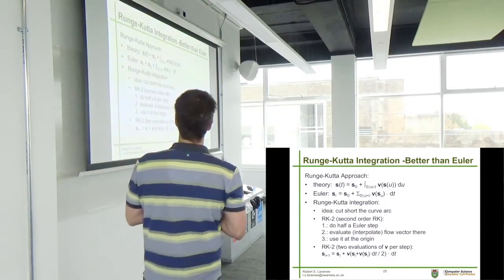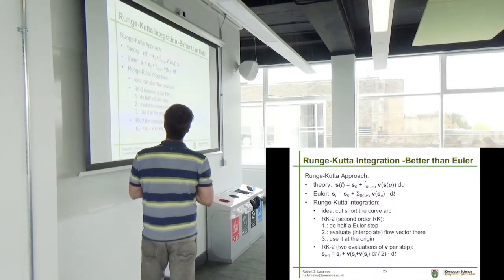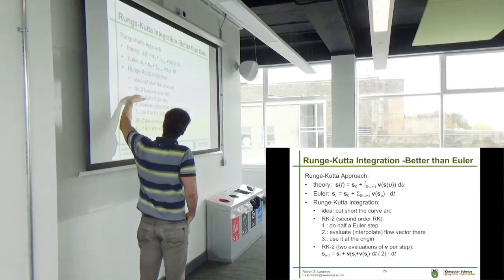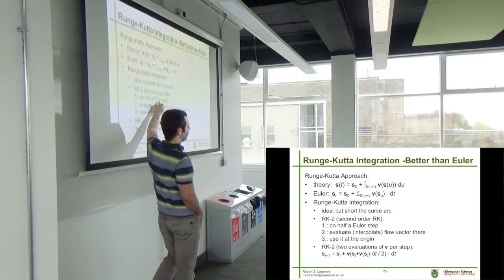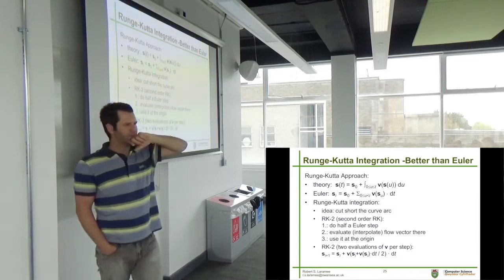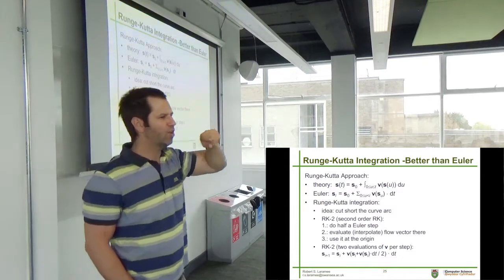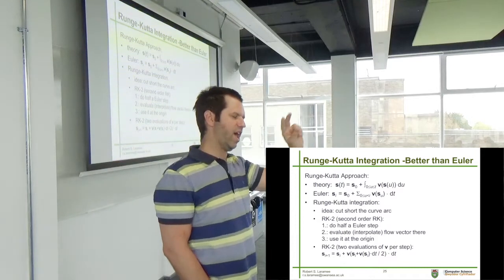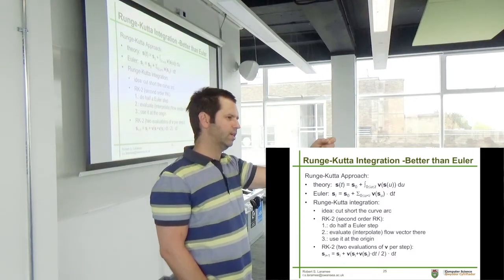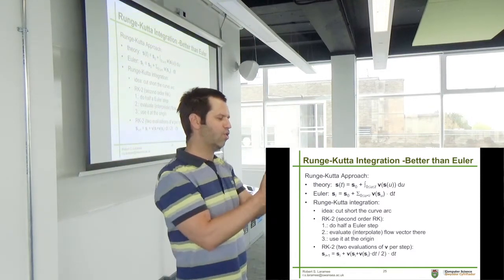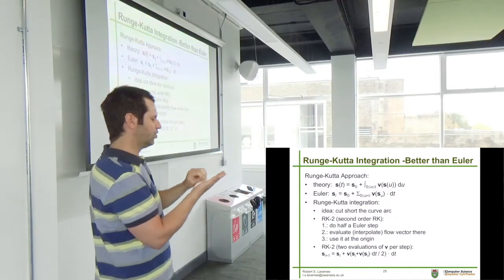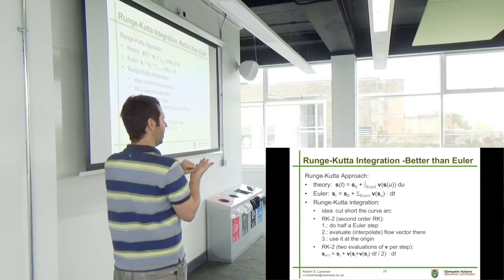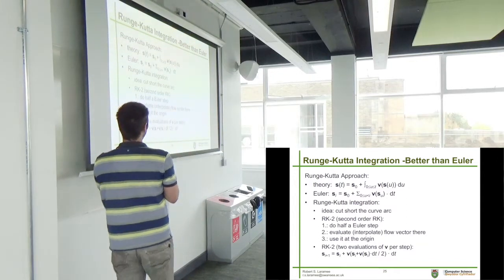The idea behind the Runge-Kutta integrator is to look ahead. So look half of a step ahead of where your seed point is, and then see what the velocity looks like if you're half of a step ahead. And then incorporate that into your average velocity. So you're sampling the vector field a little bit ahead of yourself on the streamline.